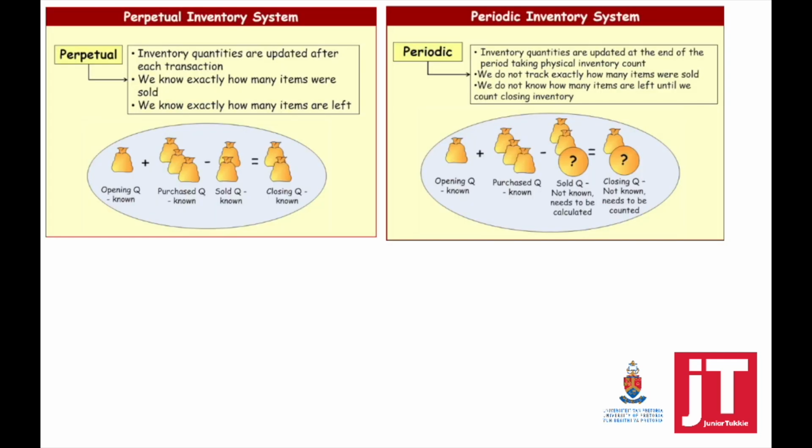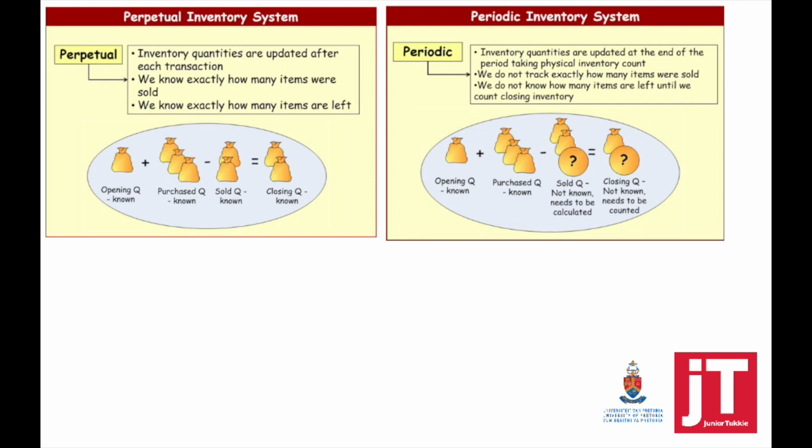If we look at the difference between the two systems, and this is very important to understand, with a perpetual or continuous inventory system, inventory quantities are updated after each transaction. We know exactly how many items were sold. We know exactly how many items are left over.